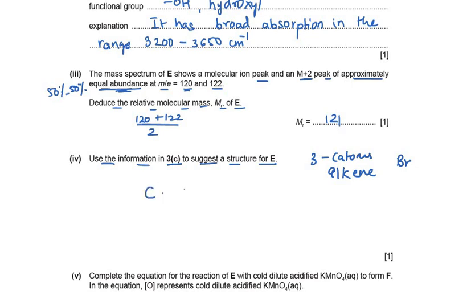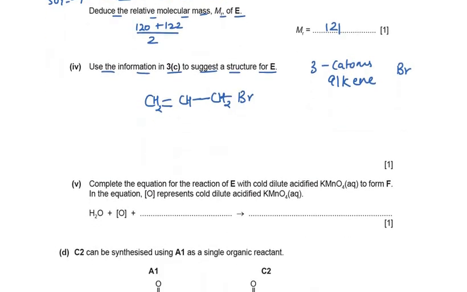Let's draw the 3 carbon atoms with 1 alkene at one end and then bromine bonded to another carbon atom. The remaining hydrogens we can bond, so CH, CH2, and so this is the structure I suggest for E. The simplest structure which is possible with an alkene and the halogen bromine.